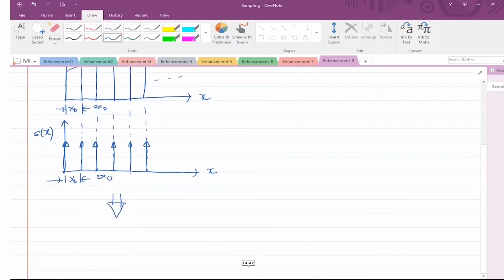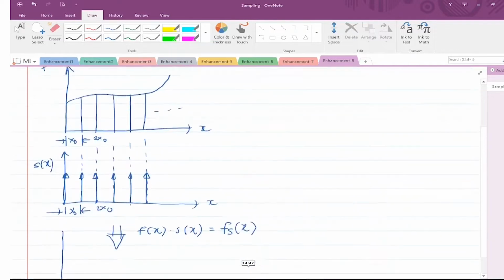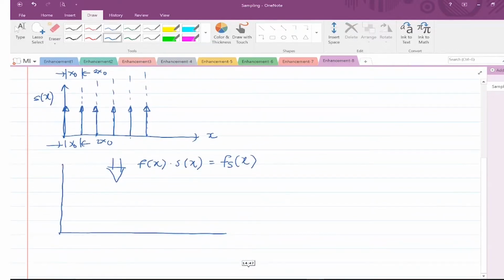As a result of multiplying f of x with s of x, you are getting a new function. Let's call it f subscript s of x. So what would that function be? Originally, let's say the f of x envelope is like this.